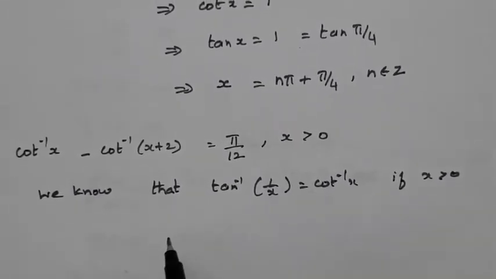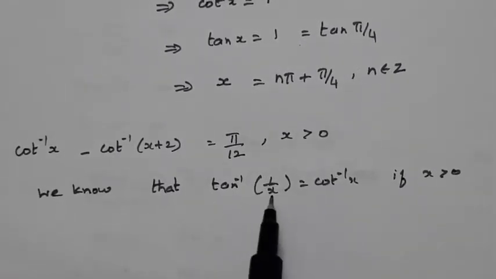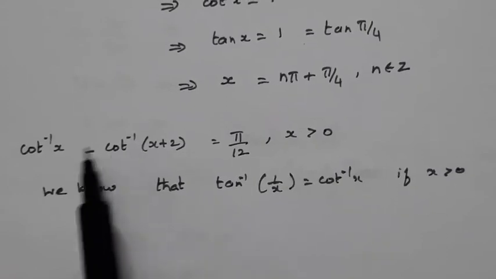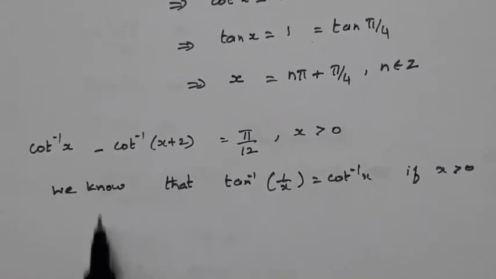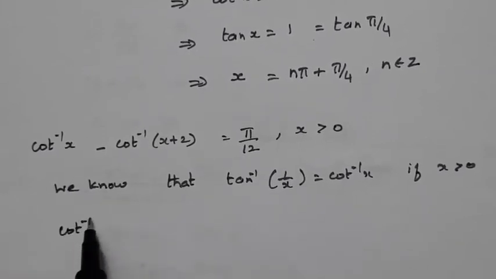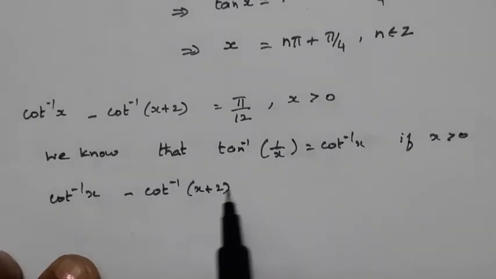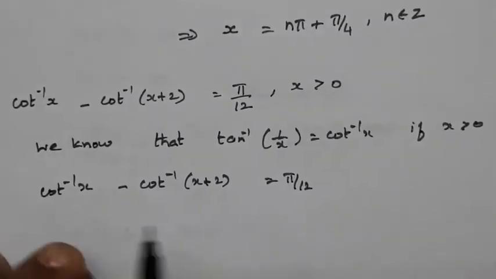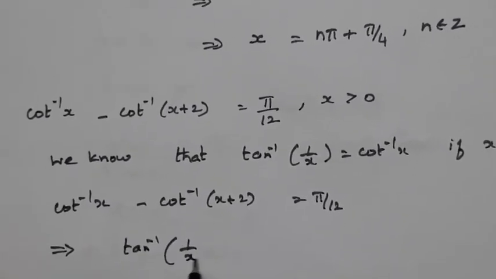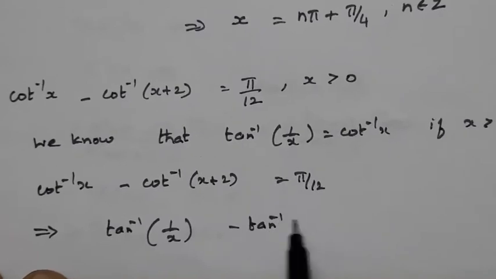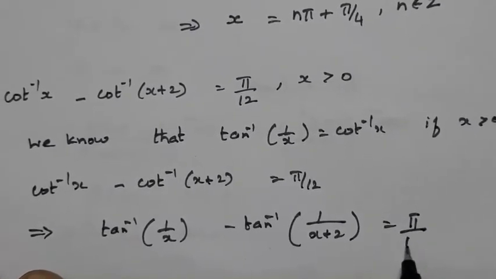Okay. So as x is greater than 0, let us replace cot inverse of x by tan inverse of 1 by x, so that we can apply the formula tan inverse of x minus tan inverse of y here. Okay. So this cot inverse of x minus cot inverse of x plus 2 is equal to pi by 12 now implies tan inverse of 1 by x minus tan inverse of 1 by x plus 2 is equal to pi by 12.